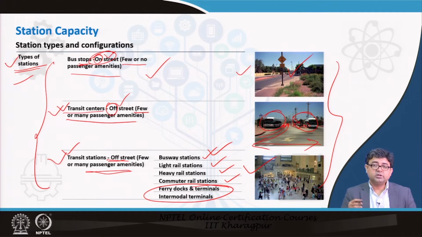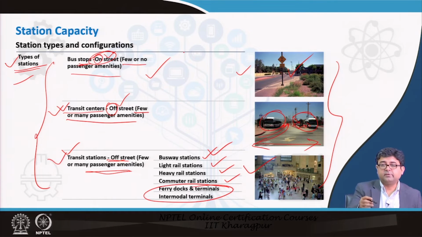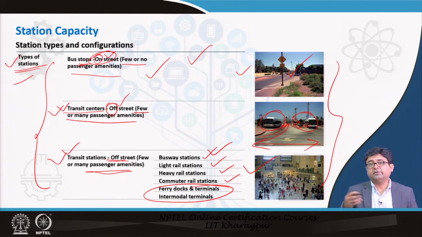So, you can visualize that in terms of capacity, the on-street station may have the lowest capacity, the transit center may have a little bit higher capacity than on-street bus stops, whereas the transit stations may have the largest capacity.